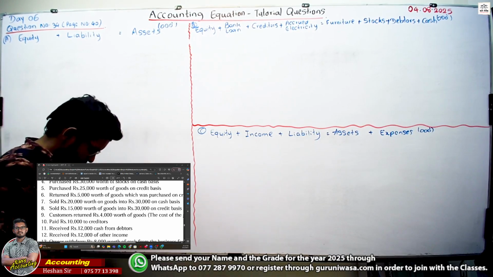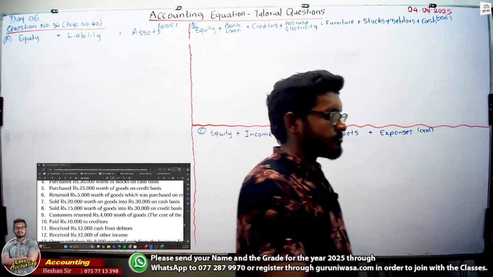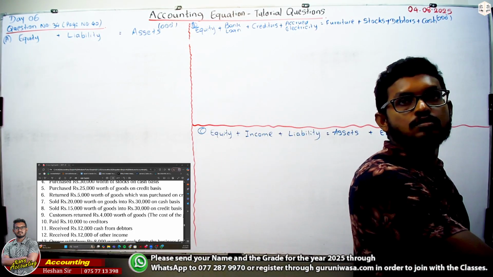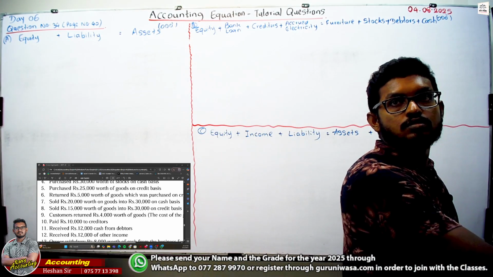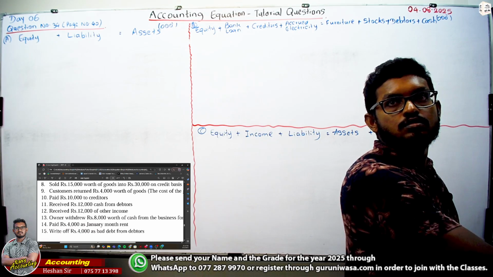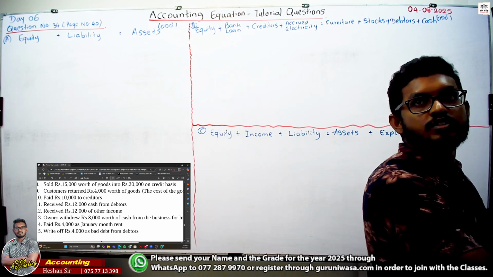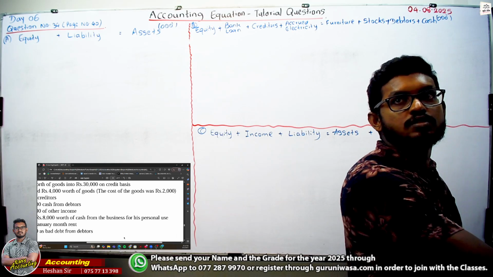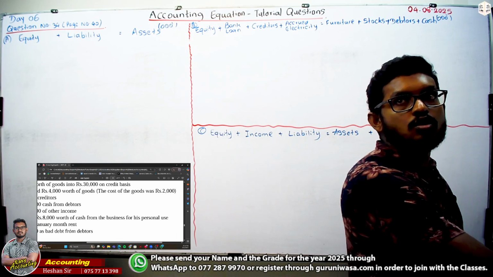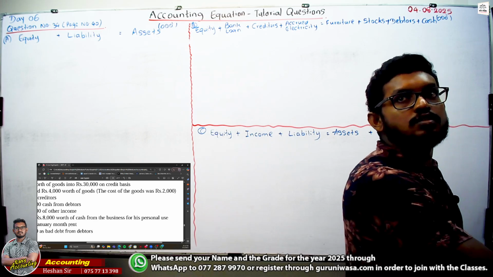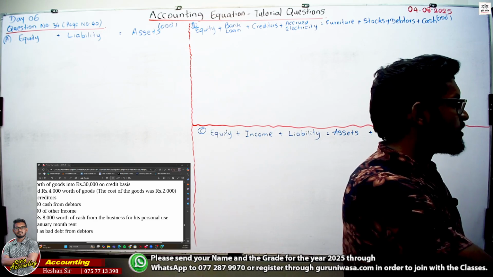Up to 8 done. Customer returned 4,000 worth of goods. The cost of the goods was 2,000. Right.